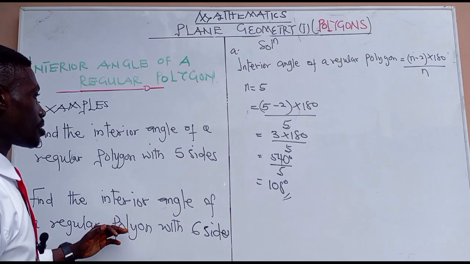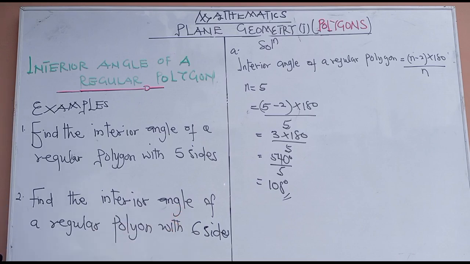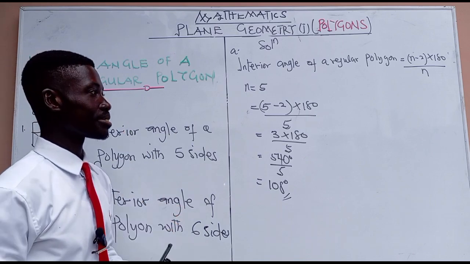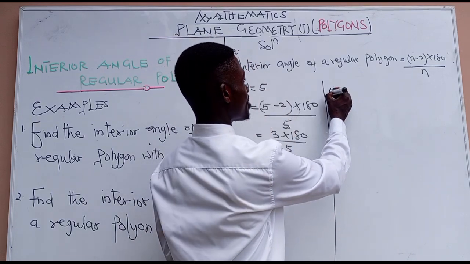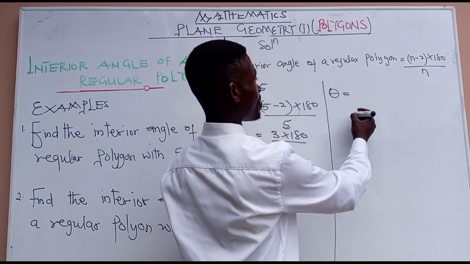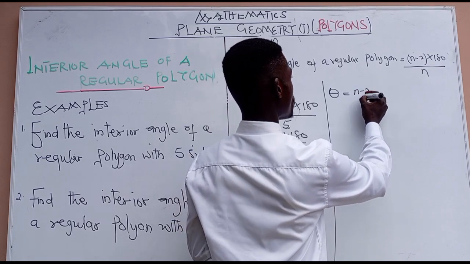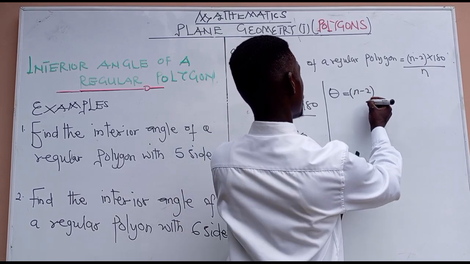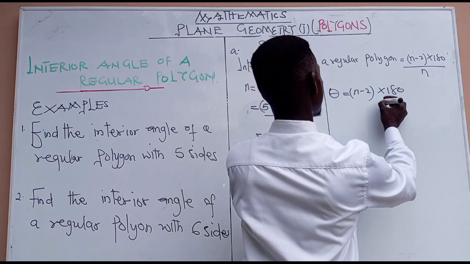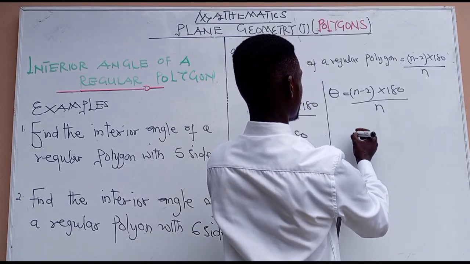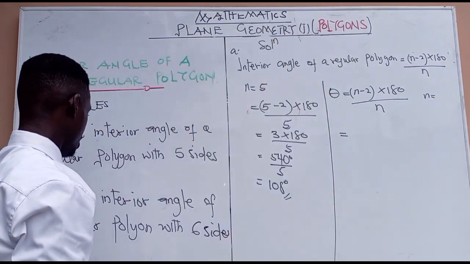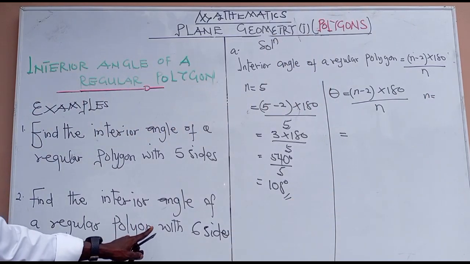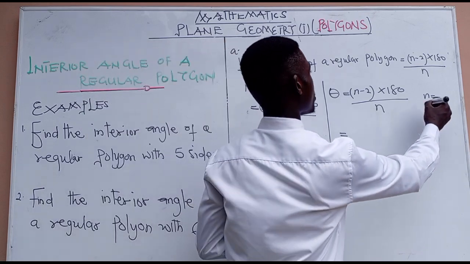Now, the next example says we have to find the interior angle of a regular polygon with 6 sides. So we have 6 sides. So we know that the interior angle of a regular polygon is given as n minus 2 times 180 all over n. Our n is what? N is 6.